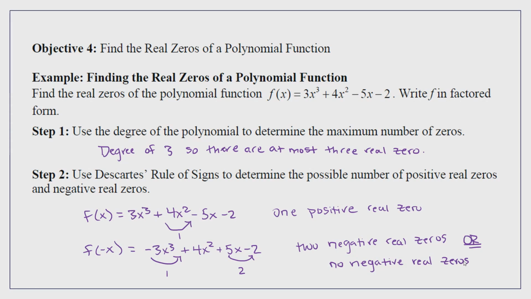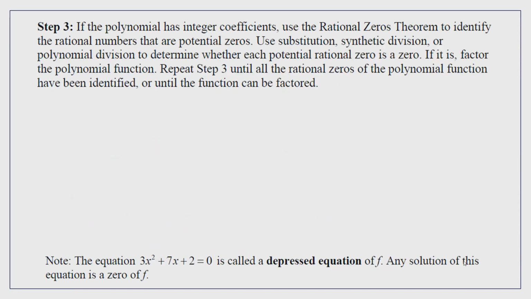Now, for positive real zeros in this problem, if we subtract 2 from 1, we would get negative 1, and you can't have a negative number of positive real zeros, which is why for the positive, it's just 1.